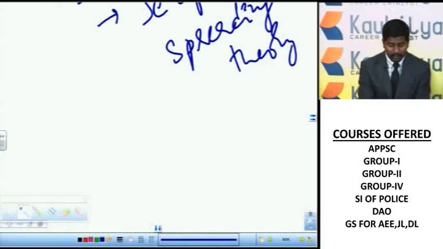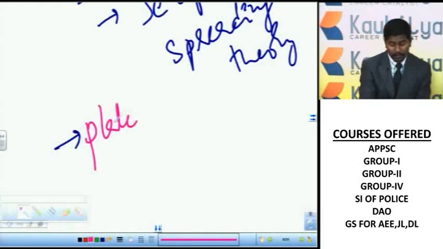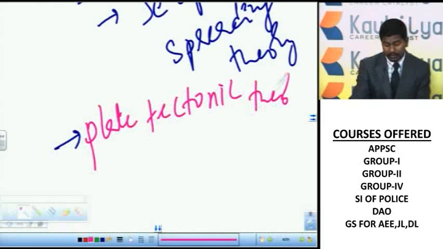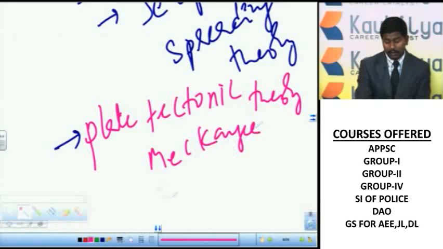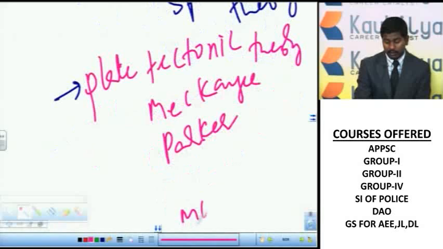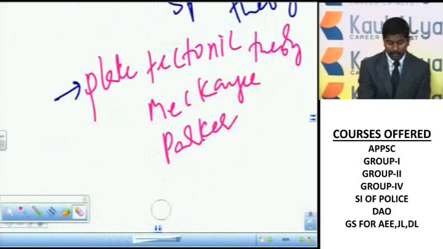But later, one more theory, the plate tectonic theory, was given by three geographers, McKenzie, Parker and Morgan.